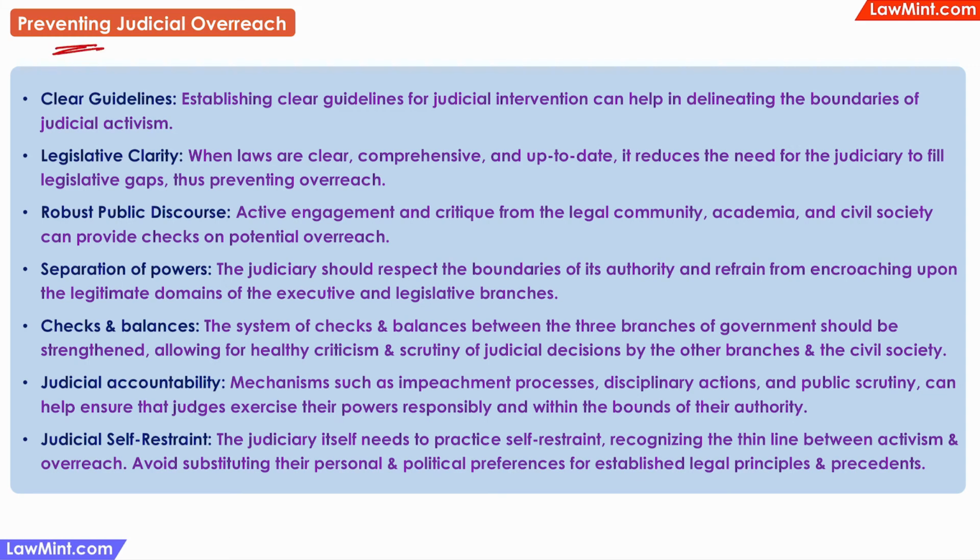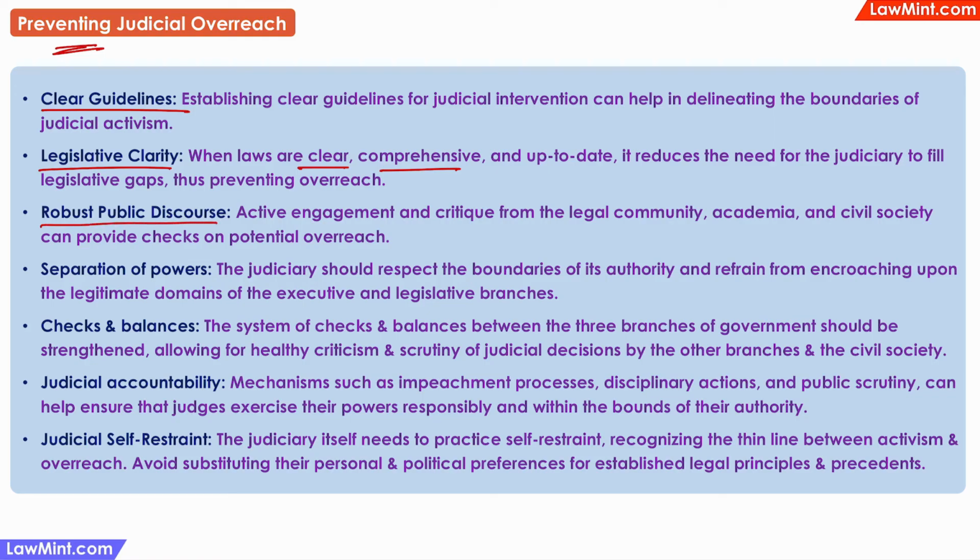How can judicial overreach be prevented? First of all, the courts themselves and the legislative can ensure that there are clear guidelines with regards to where and when the courts can and cannot intervene. There should be legislative clarity, which means that the laws should be clear, comprehensive, and without obvious gaps, so that the judiciary is not required to step into the process of creating laws.